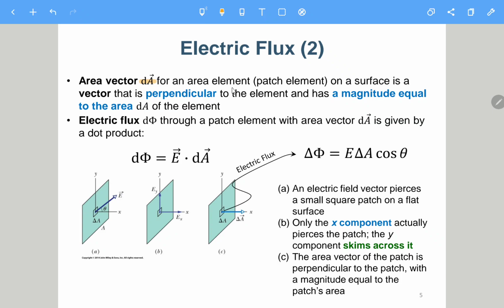For an area element, we note the area vector as dA vector. It is perpendicular to the element.